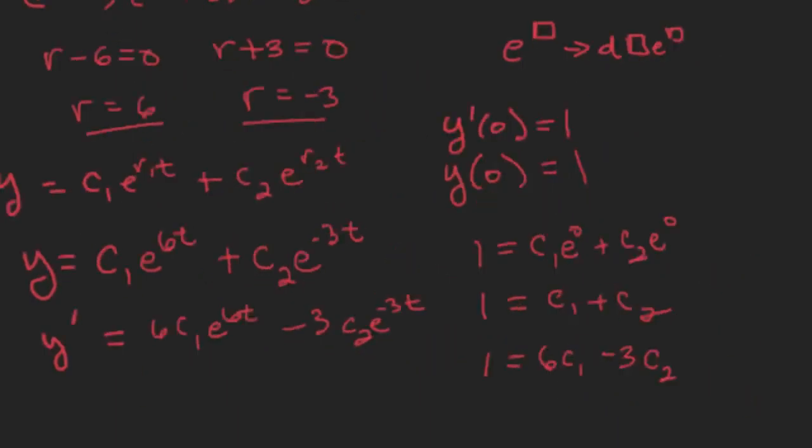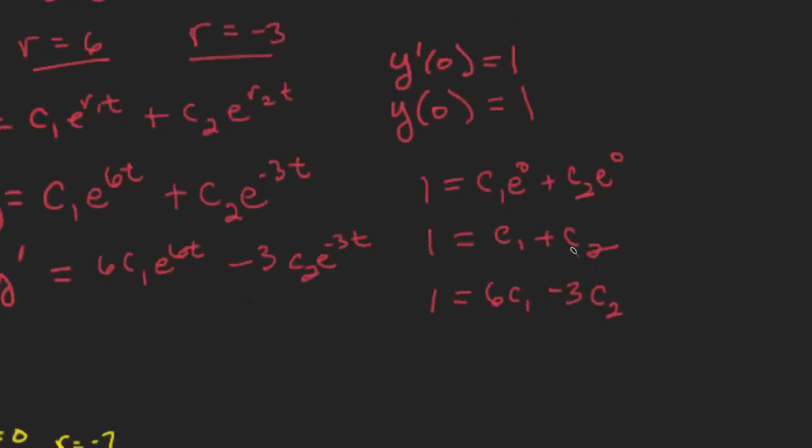And then you can solve the system of equations, either solve for c1 right there, or c2. So c1, for instance, would be 1 minus c2. Plug that into here. Sorry about that. So 1 minus, oops, let's make that a c1 right there.